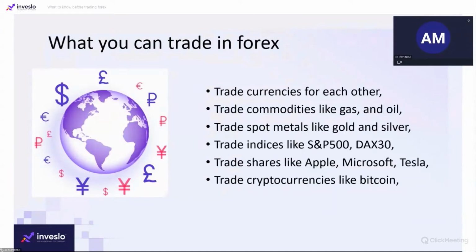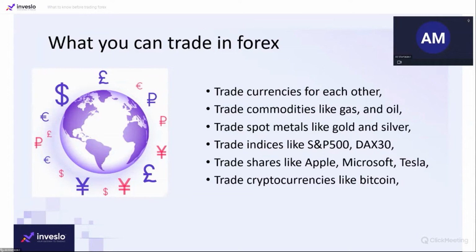So the next thing worth mentioning in Forex trading is what you can trade in Forex. Financial markets are the largest market in the world, and the things that we can trade in financial markets we call trading instruments.